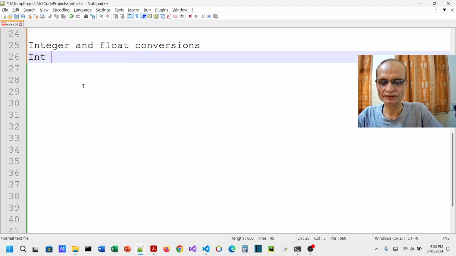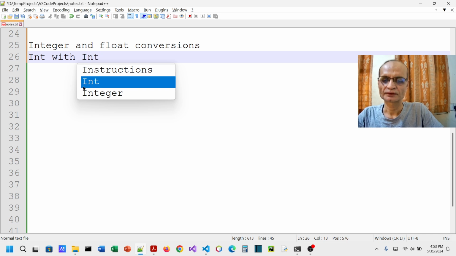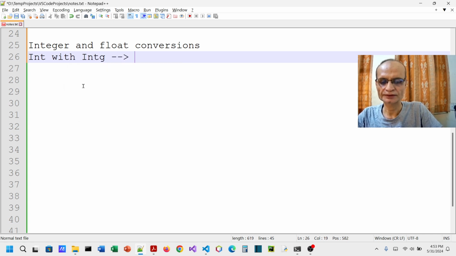That means integer with integer is going to yield integer. Here there is no issue. For example, if I have 5 minus 2, I get the answer as an integer, which is 3. Similarly, if I do multiplication or addition.